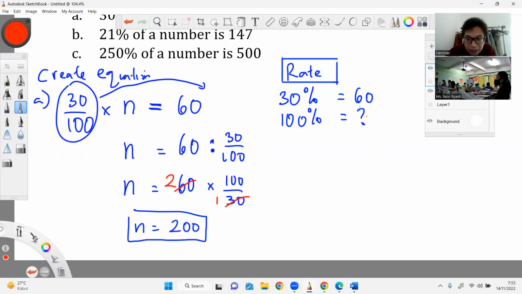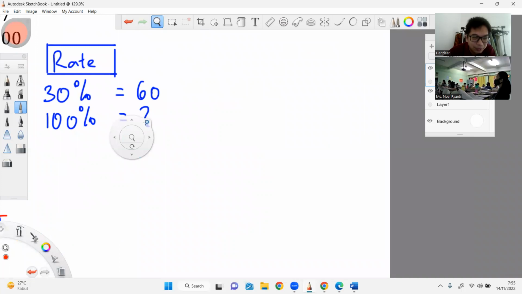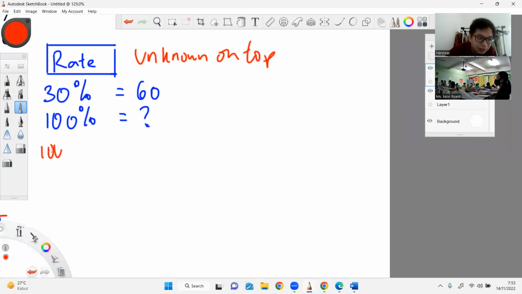So you don't have to put the unknown on the left. I have another way to do the rate. If you put the unknown on top, it will be the same. The unknown is 100 that we need to find, over 30, times 60. You get the same answer, and it is way faster.